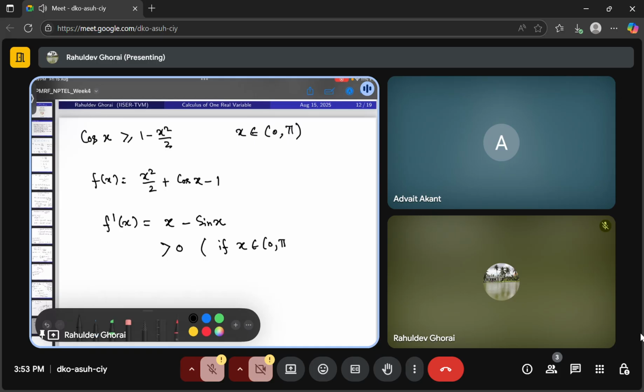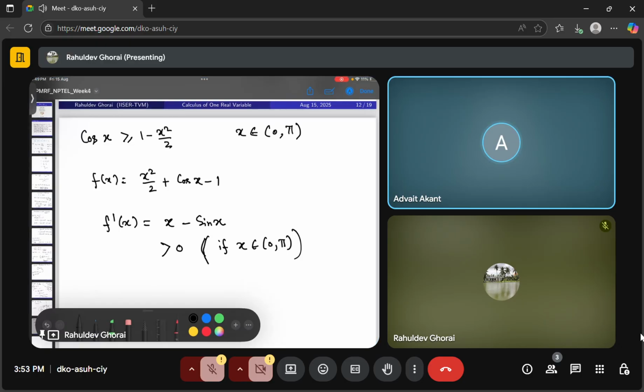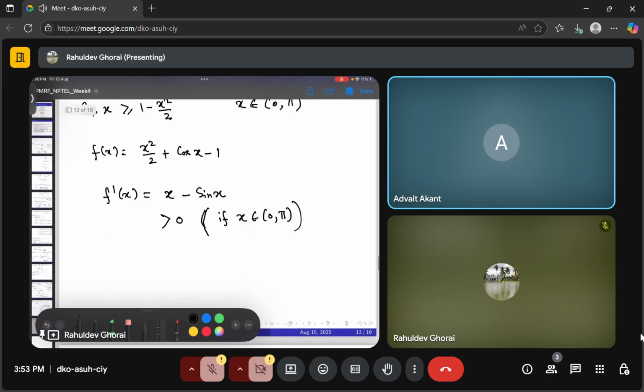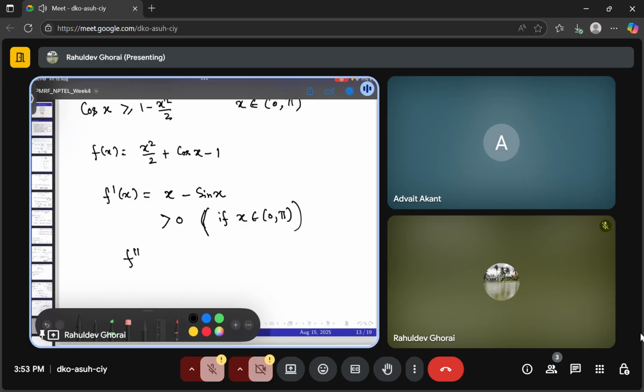That is true, but how? Maybe we can differentiate again. That is good. f double prime x is equal to 1 minus cos x, which is positive, right?